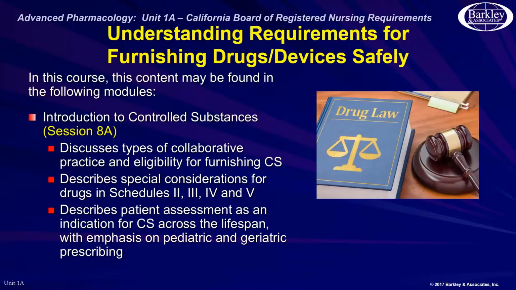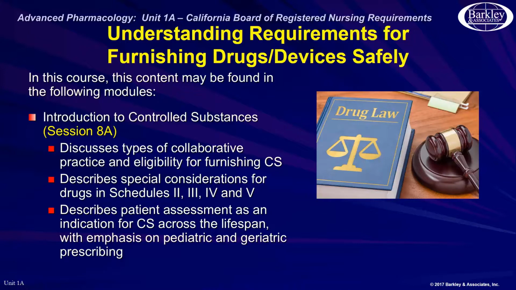So in this course, this content may be found particularly in the Introduction to Controlled Substances session 8A in particular. And this session discusses types of collaborative practice and eligibility for furnishing controlled substances.